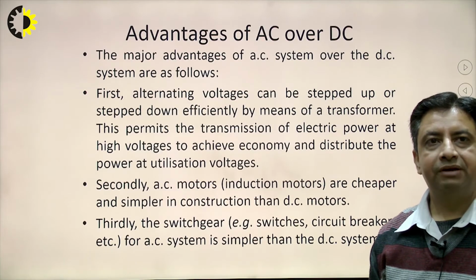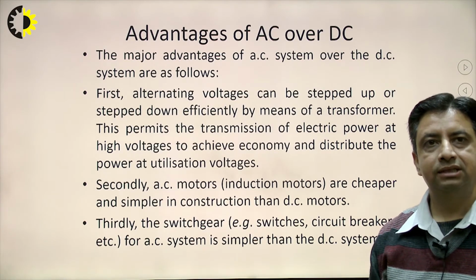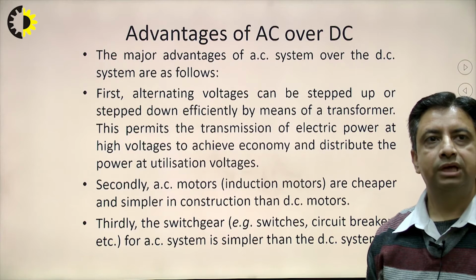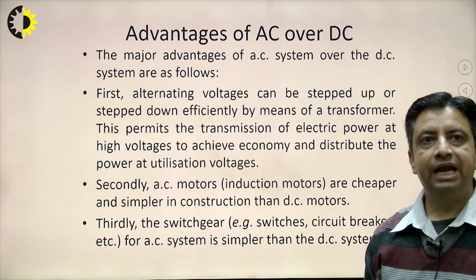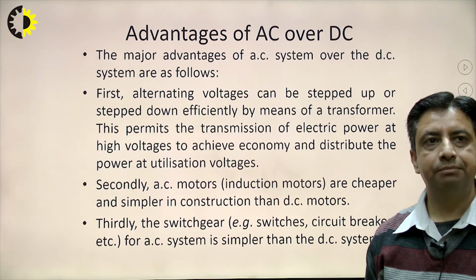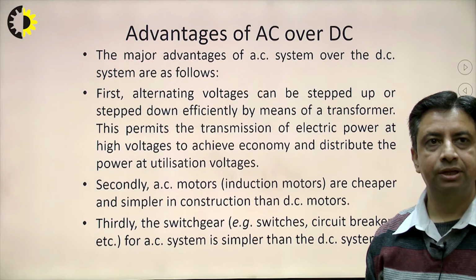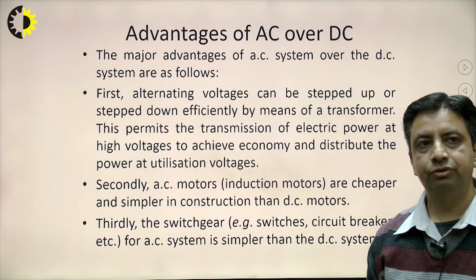Now why do we prefer AC over DC? Because in the earlier years DC was used, but with the advent of AC there were many advantages found in the AC system as compared to the DC system. So now I will point out the major advantages of AC over DC.